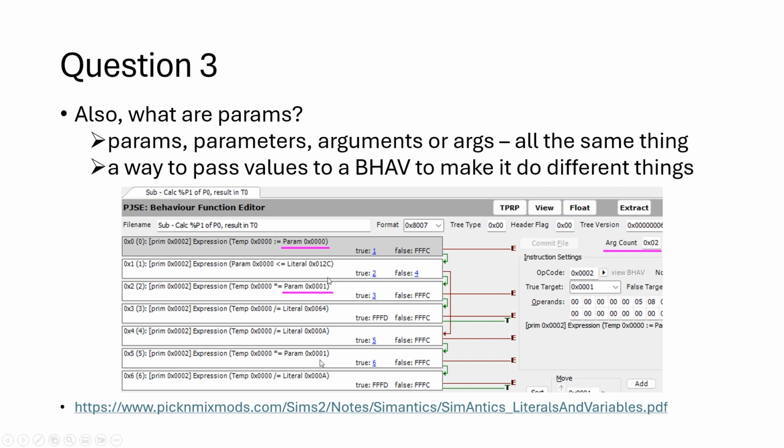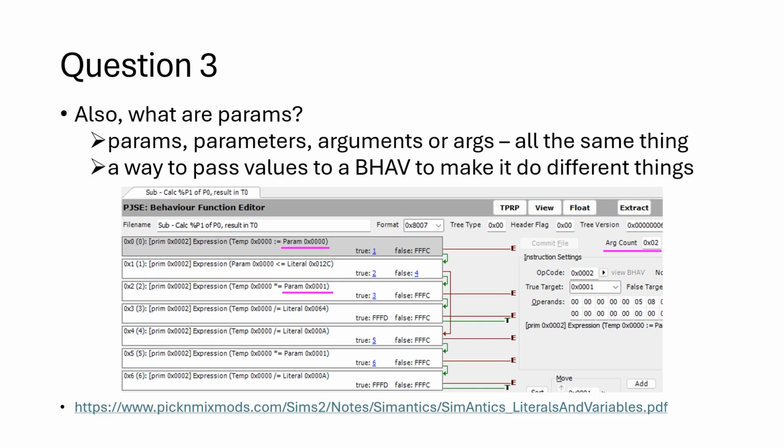This very simple chunk of code here says I want to calculate a percentage of a number. If we had to write a BHAV that said calculate 75% of 8, and another that said calculate 75% of 9, and another that said calculate 76% of 8, and another that said calculate 76% of 9, we would be here all night.